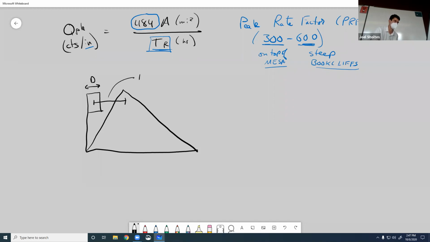This is my lag time, the middle of D to the peak of that hydrograph. And TR is the time from when that hydrograph starts to the peak. So TR really is D over 2, right? We're starting here, this is D over 2, plus the lag time.